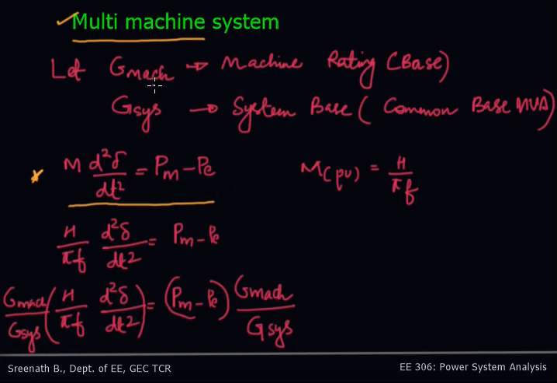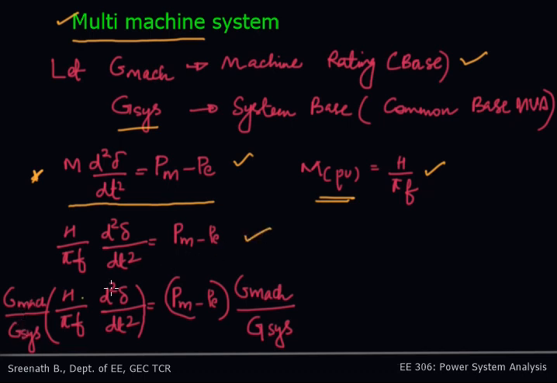Now G machine is the machine rating or the base MVA for the machine, and G system is the common base MVA for the system, or the system base. Now this is the swing equation where M in per unit can be written as H by pi f, where H is the inertia constant. H by pi f into d square delta by dt square is equal to Pm minus Pe.